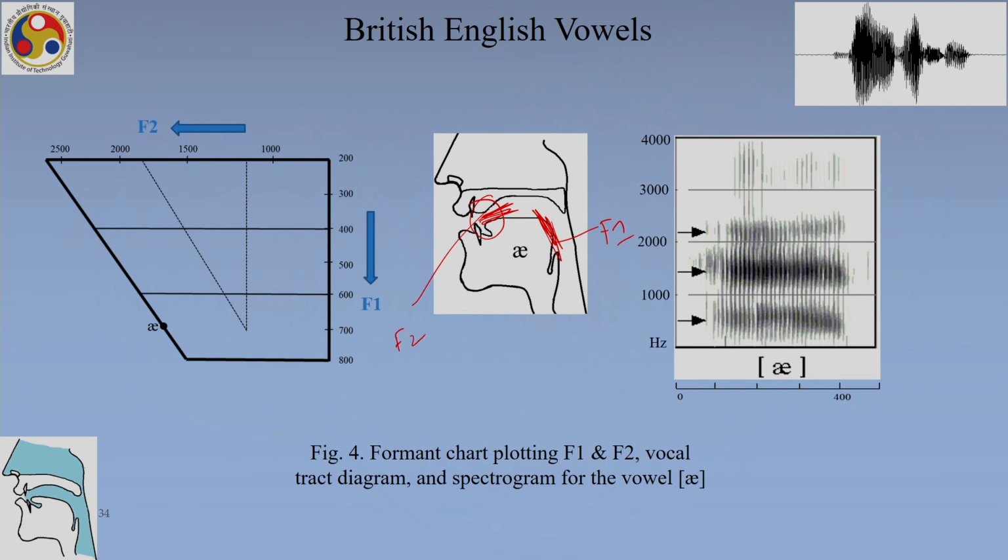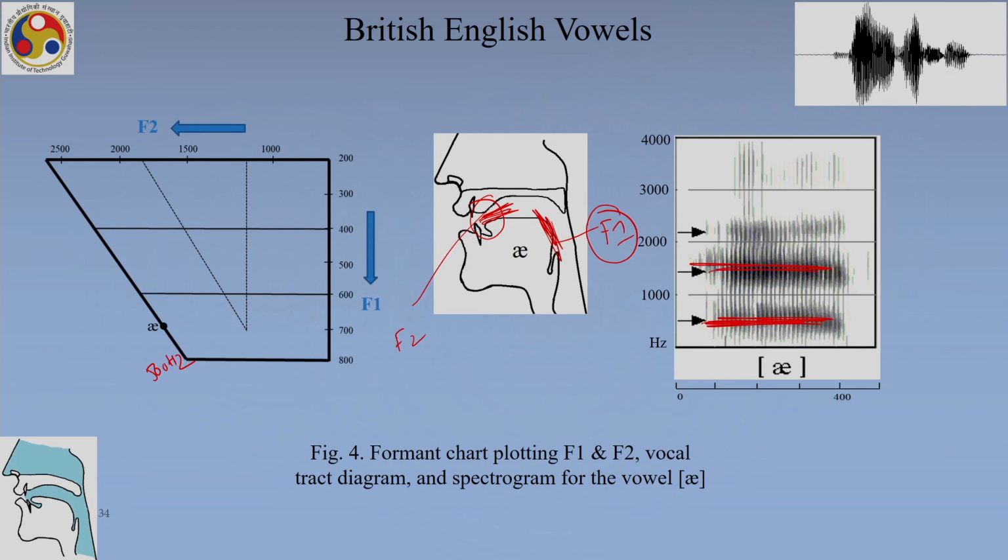So what do we get here? It's a front vowel, that's why the F1 value, the pharyngeal cavity which is wide, the values will be lower, it's again around 500 hertz, and this is between 1000 and 2000 hertz.